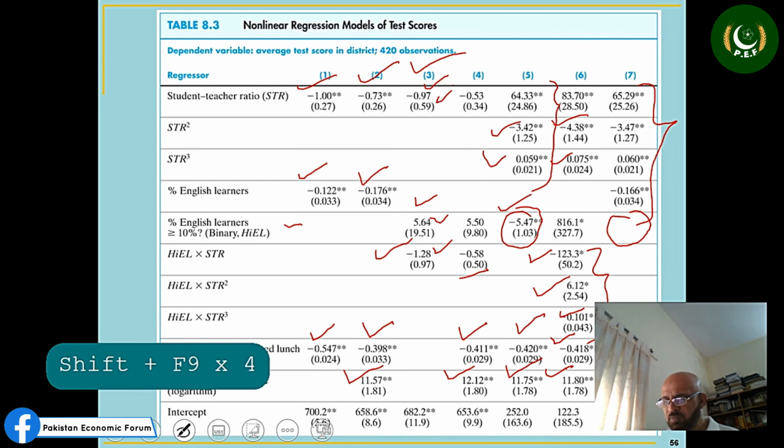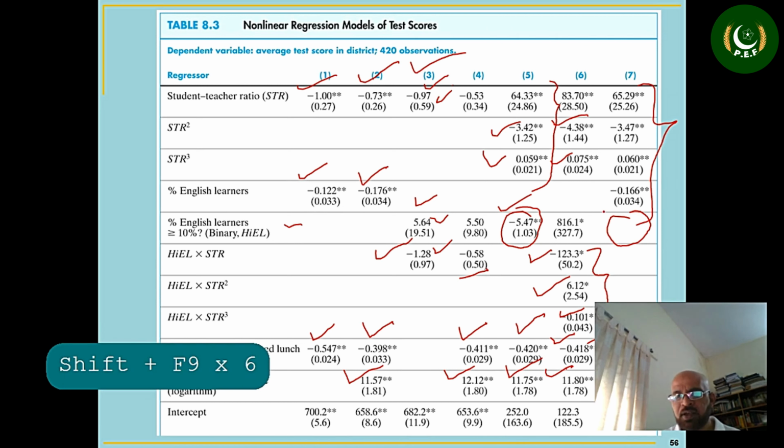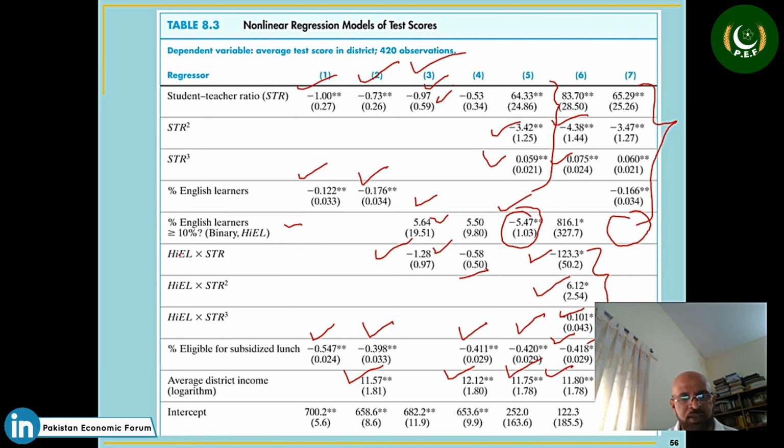This is your cubic model, and this cubic model indicates that there is a slight difference as these variables are significant. So including high English learners will have an impact on test score. We'll also see this with the help of a diagram.